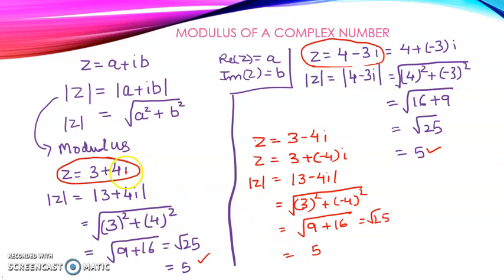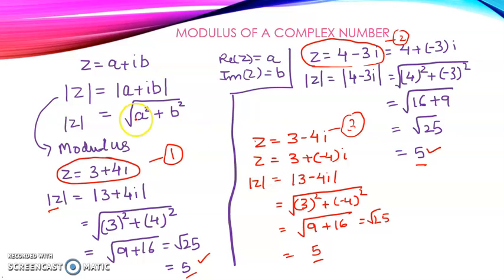So you see what we are doing here. See this one complex number, the second complex number, and this third complex number. In all three, the value of modulus z is the same: 5, 5 and 5. So what does this show?